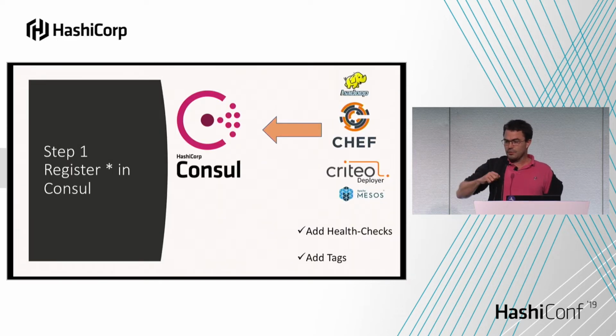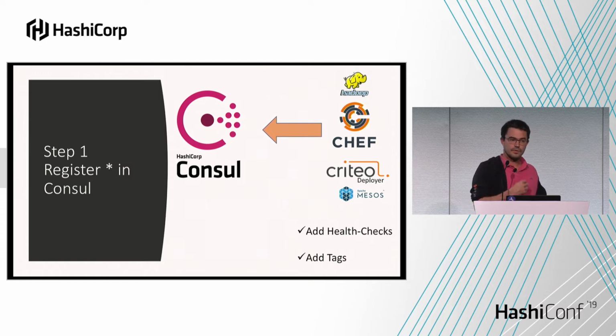So what we did was simply, for all of our systems that are provisioning services, Hadoop, Chef, Criteo Deployer, an app we've written, Mesos, and so on, we simply added service definitions and put all of this into Consul.